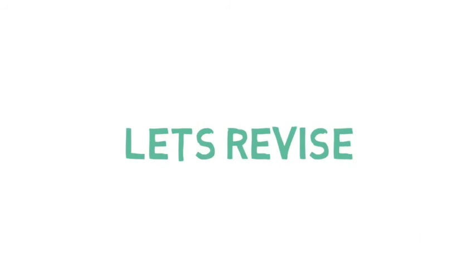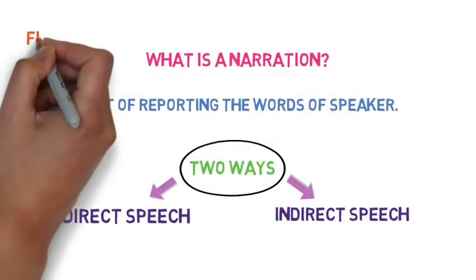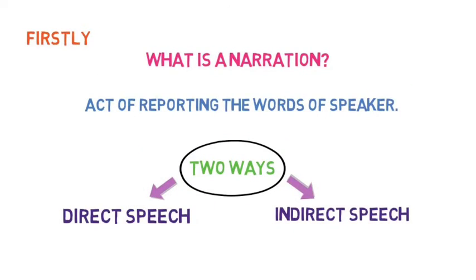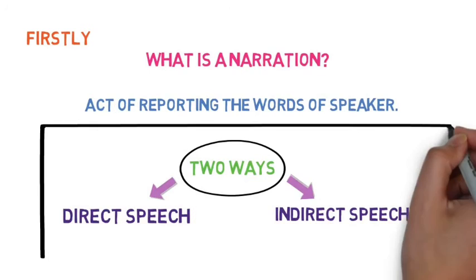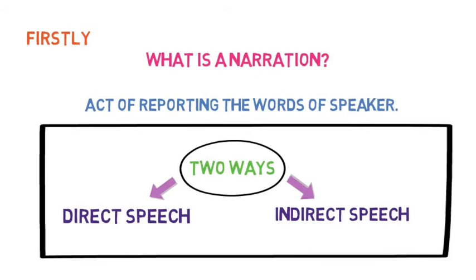Let's quickly revise what we have learned in this video. Firstly, we discussed what exactly is a narration. It is an act of representing the words of the speaker. Then we discussed that there are two ways of achieving it. First is direct speech and second is indirect speech.